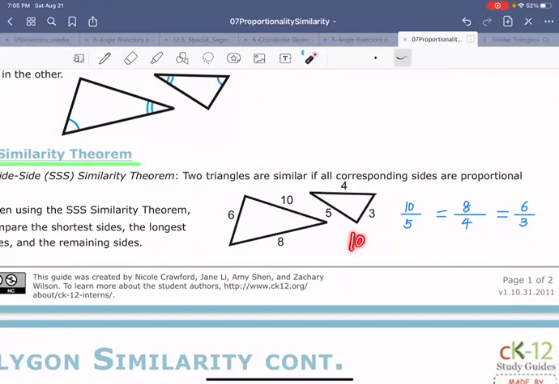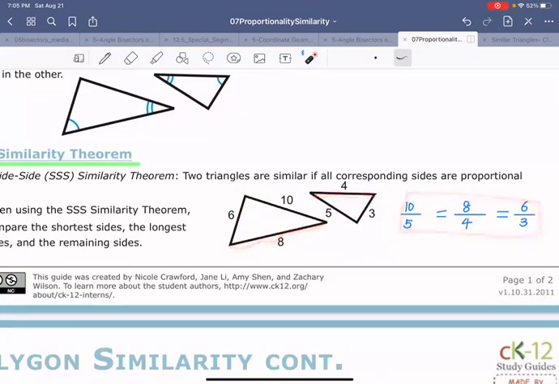But you cannot list this equation in the wrong way. If you do 10, for example, over 4, this guy will not equal 6 over 5, will not equal 8 over 3. So when you list this equation, you have to be careful. You pick the biggest one over the biggest one, and you pick the smallest one over the smallest one, and you pick the middle one over the middle one, okay?